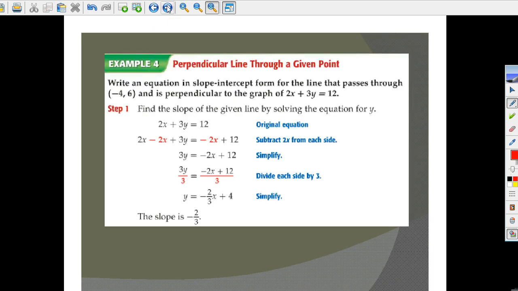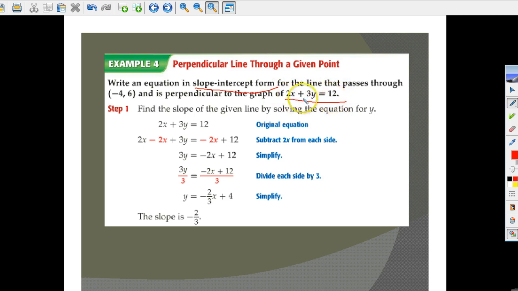Alright, welcome back. Example 4, perpendicular line through a given point. Write an equation in slope-intercept form for a line that passes through negative 4, 6, and is perpendicular to the graph of, okay. So here we don't know what the slope is, but we can find out by doing slope-intercept.